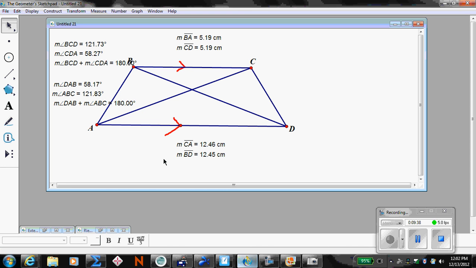Again, it's slightly off because I did not construct this as an isosceles trapezoid, but the diagonals will be congruent.